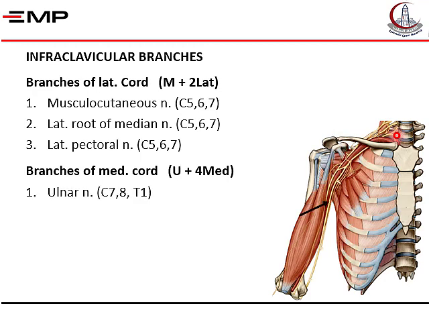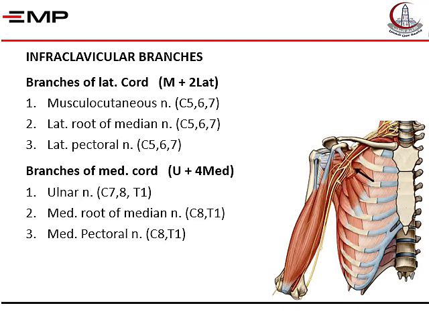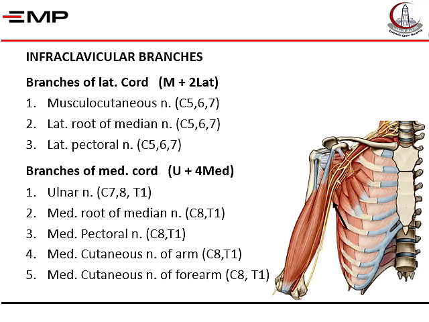Branches of the medial cord: most of them start with the word medial, except one, which is the ulnar nerve. In addition to the ulnar nerve, we have the medial root of median nerve, the medial pectoral nerve, the medial cutaneous nerve of arm and the medial cutaneous nerve of the forearm.